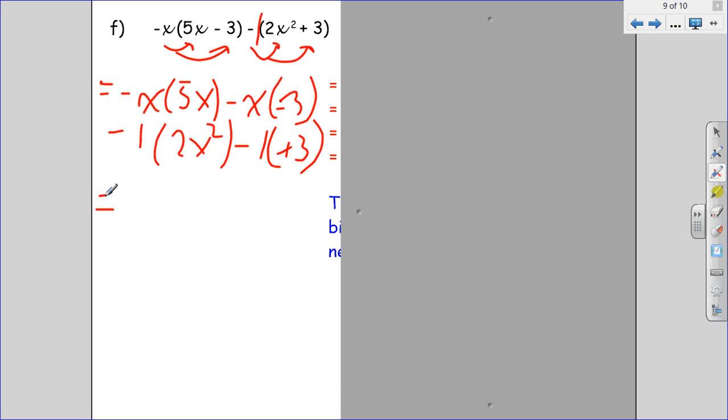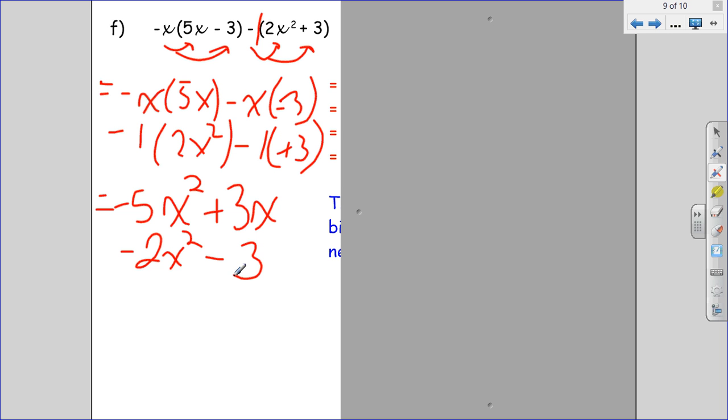So remember, that's going to be negative 1 times 5, which is negative 5. And I've got x times x, which can be written as a power. So it's x squared. Negative times a negative is a positive 3x. Negative 1 times 2x squared, negative 2x squared. And negative 1 times positive 3 is negative 3.